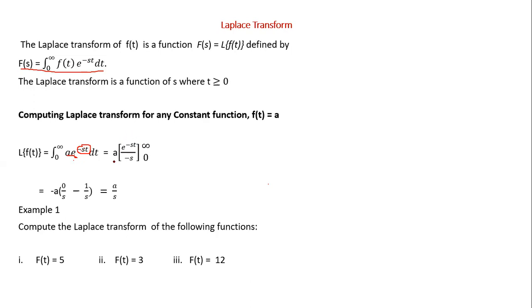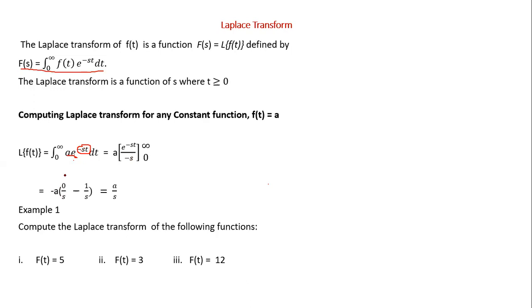When you divide a constant by infinity, it turns to 0. So we have 0 over s minus, now you put the lower limit, 0. When you put 0, the exponential becomes 1, so that also becomes 1 over s.